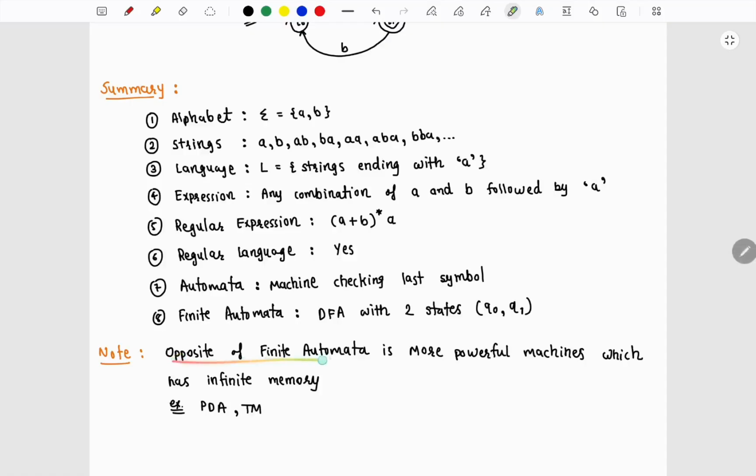What are those infinite memory machines? PDA and Turing machine, pushdown automata and Turing machine. We will see about the PDA and Turing machine in further videos.